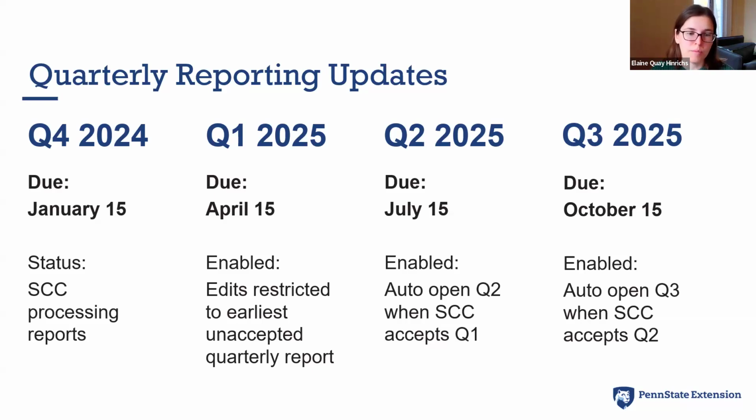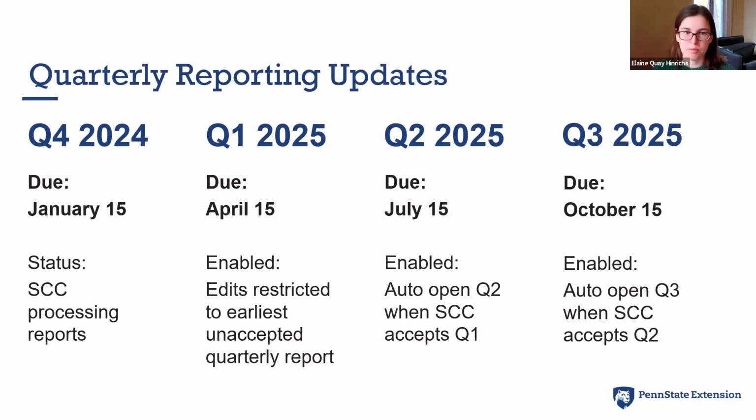Although it sounds like a restriction, it's actually going to make things easier in the future, in that you will be able to focus on the one quarterly report that needs to be submitted first. Once that one is submitted and accepted, you'll immediately be able to see the next quarterly report and go forward from there.